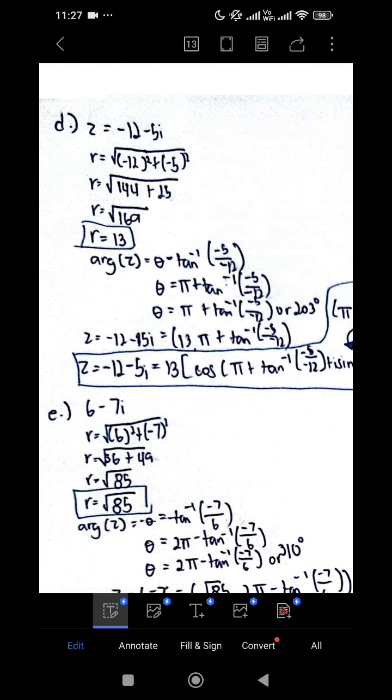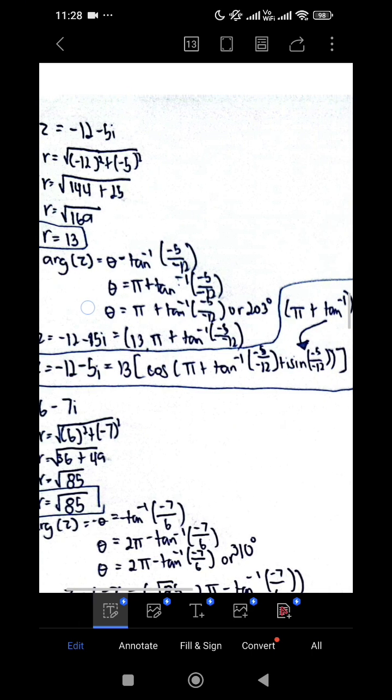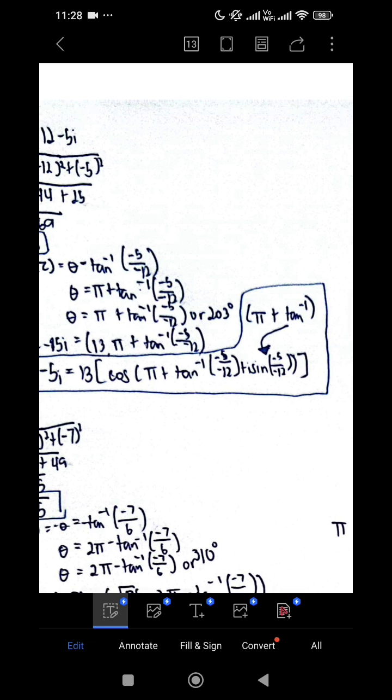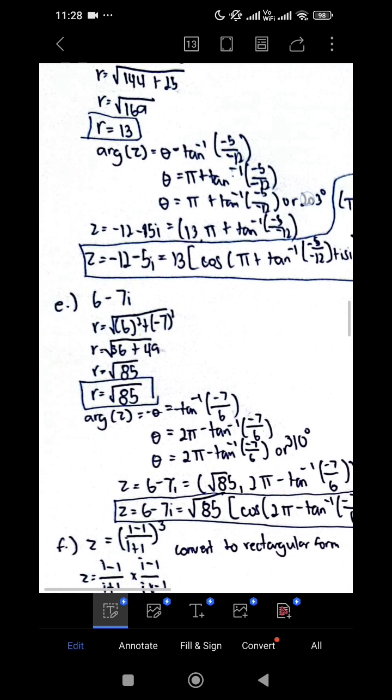Then the final answer will be z is equal to 12 minus 5i is equal to 13 cosine, pi plus tangent negative 1, then negative 5 over 12, plus i sine. Here I made a mistake, but here's the arrow, so this comes first before this. So pi plus tangent negative 1 of negative 5 over 12, close bracket.